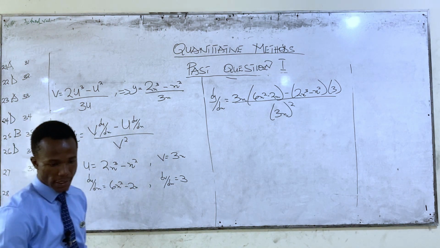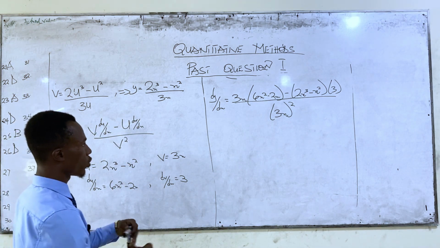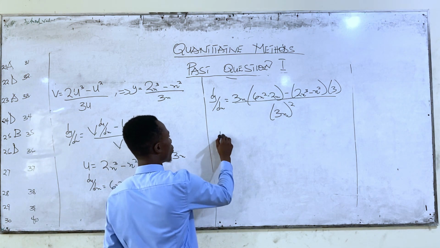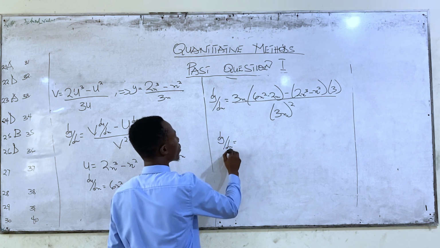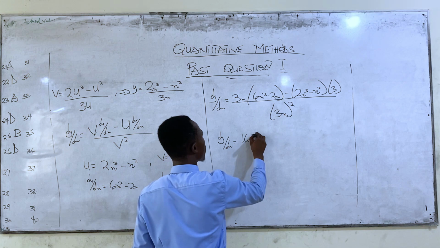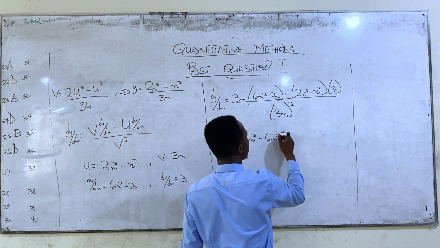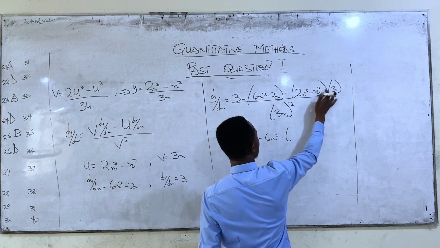Okay, so let's look at the question. They've simplified it, so let's also simplify it. So dy dx is equal to, this one will give you 18x cubed minus 6x squared. Then you have negative here, so you solve for this first.